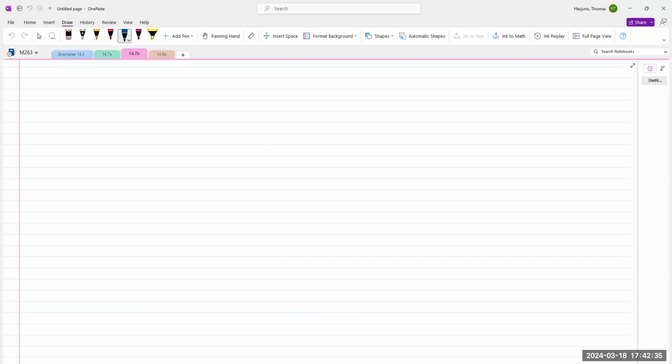Okay. The second part is still 14.7b. This is maximum minimum value in a closed bounded domain. Okay, what is the parallel of this in calculus 1?